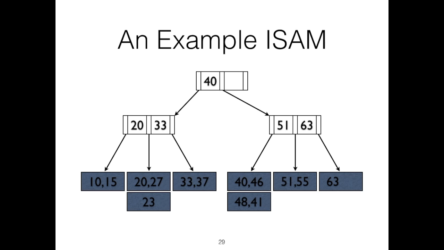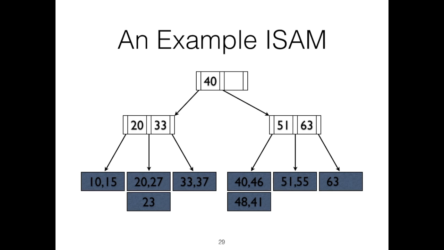Getting a little bit low on time. So an ISAM index is basically the lowest hanging fruit when it comes to trees. It's really simple to build, really simple to access, but it is not very efficient when it comes to updating data.